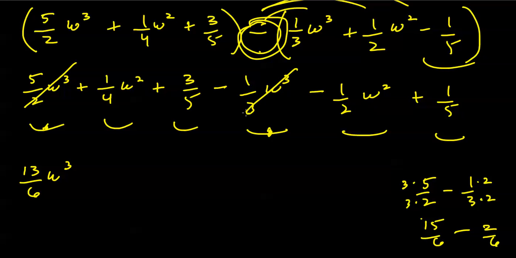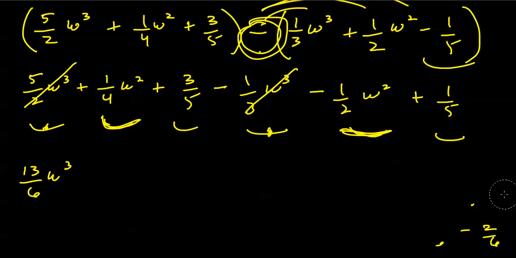And that takes care of those w cubed terms. 13/6 w cubed. Now I'll see I can combine these w squared terms. Let me take off the scratch work here. I'm going to add or subtract two more fractions. I'll have to take 1/4 minus 1/2 and multiply that result by w squared. 1/4 minus 1/2.